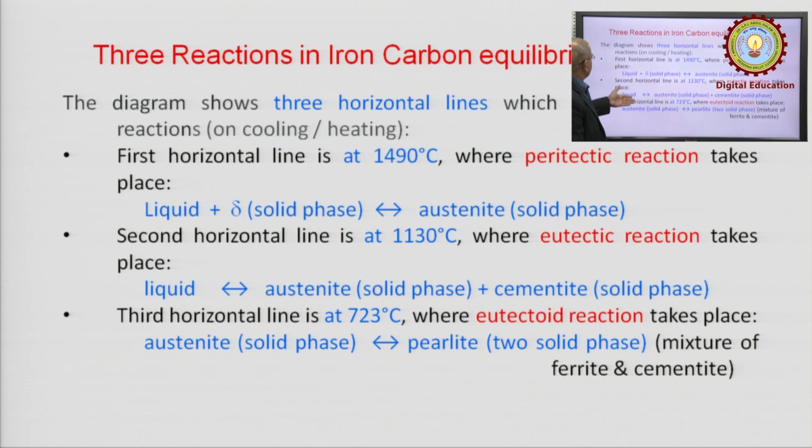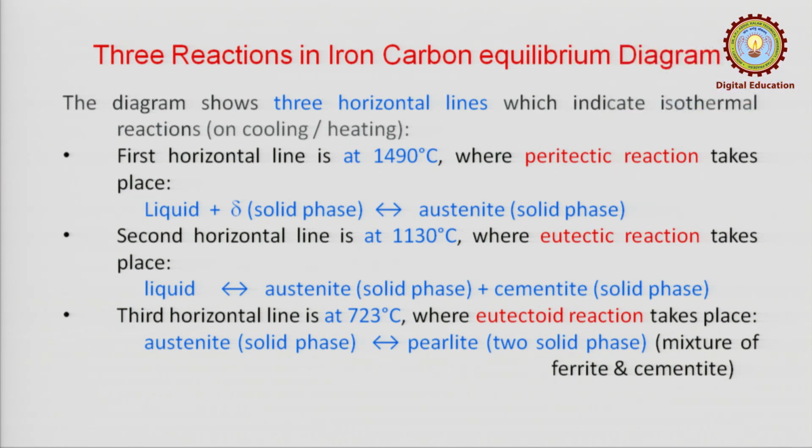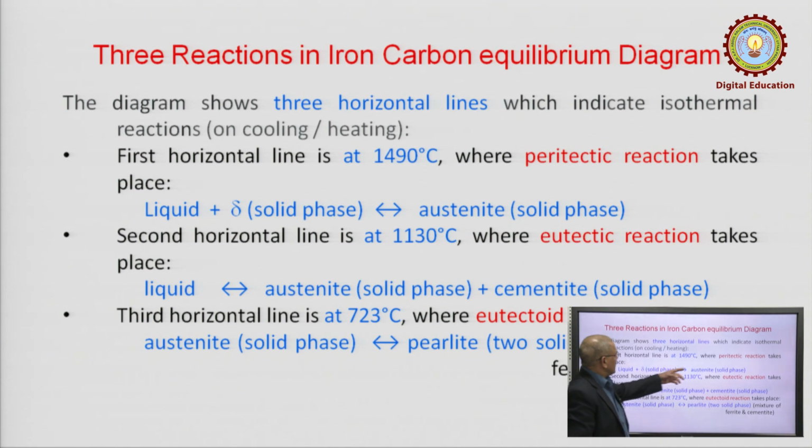When you move to a still higher temperature, the horizontal line at 1490 degrees centigrade is referred to as peritectic, and the peritectic reaction takes place whereby liquid plus delta, that means liquid phase plus solid phase, on cooling gets converted into a single solid phase. This reaction is referred to as the peritectic reaction.